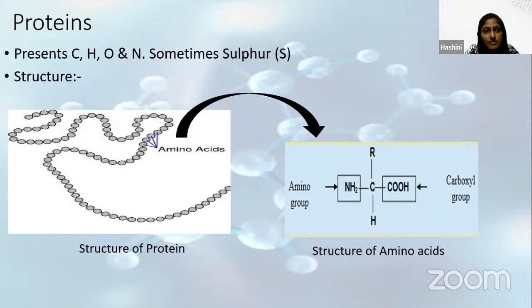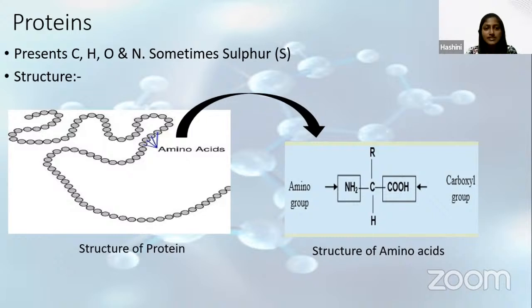Within the cell membrane, these proteins are present. And in animals, there is a protein called keratin, right? So the animals' feathers and hairs contain these keratin proteins.